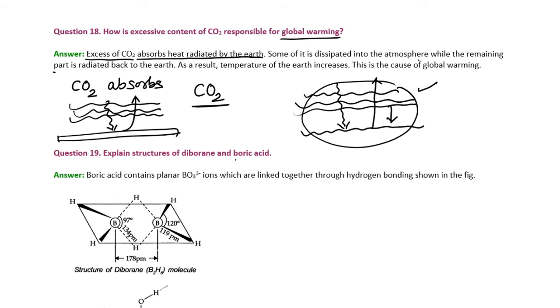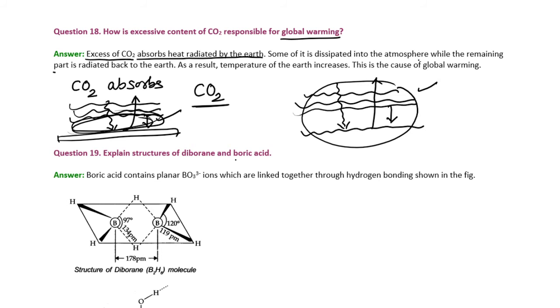When they absorb heat, they first dissipate the heat into the atmosphere, and then the remaining part is radiated back to the earth. Therefore that heat radiation remains in the lower atmosphere, and that's why the temperature of the earth increases, and this is the actual cause of global warming.